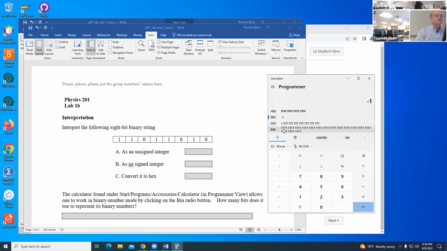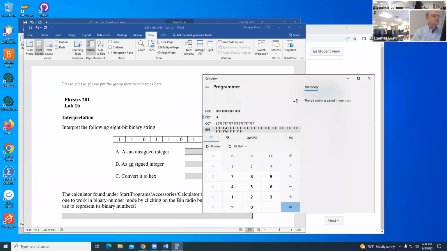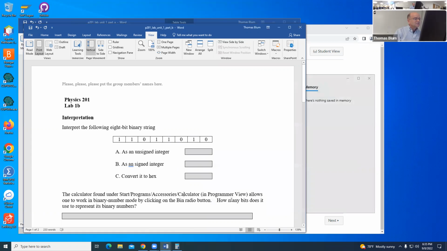And then here they are, grouped in 4s. So I'll count the groups of 4 because I'm lazy or smart or both. 1, 2, 3, 4, 5, 6, 7, 8, 9, 10, 11, 12, 13, 14, 15, 16 4s, 64. So it uses 64 bits.